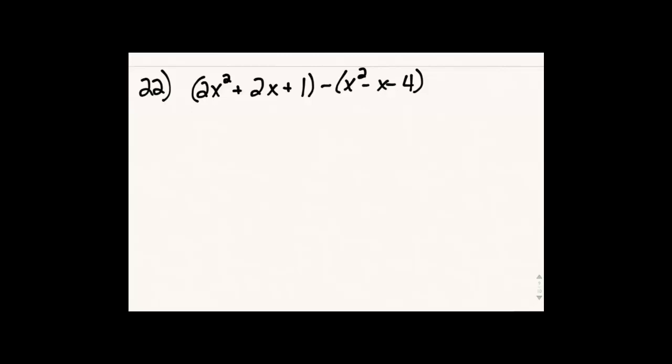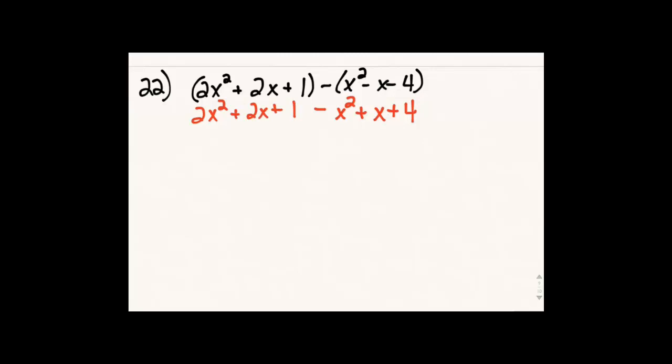So we get minus x squared plus x, because minus a minus gives us plus, and then plus 4 for the same reason as the plus x. And then we write down the first terms. And then we're going to combine our like terms.